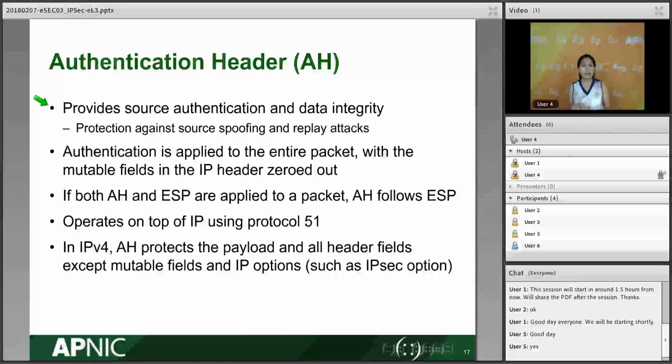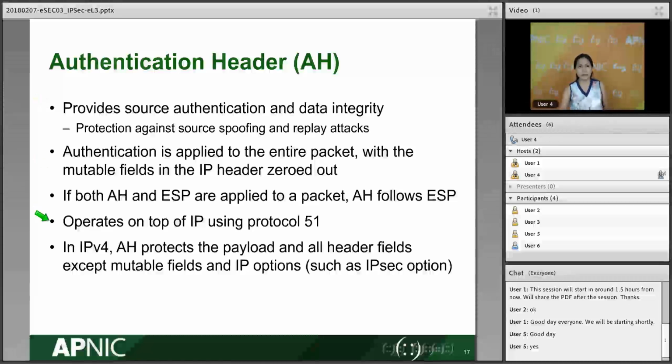With AH, it provides you with 2 out of those 3 goals. That means you have integrity and authentication, but what's missing here is the C. Where is confidentiality? So you use this if your goal is to protect your network from spoofing, replay attacks and things like that, but you're not really worried about providing confidentiality in the link. That's all good if that is your purpose.